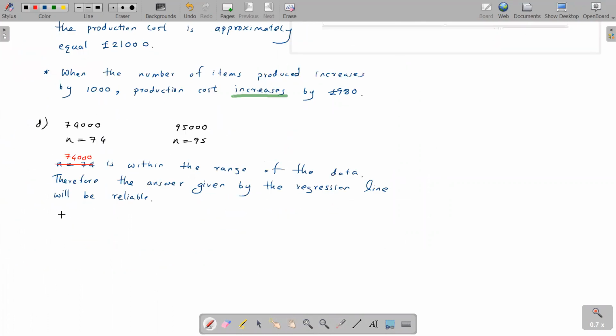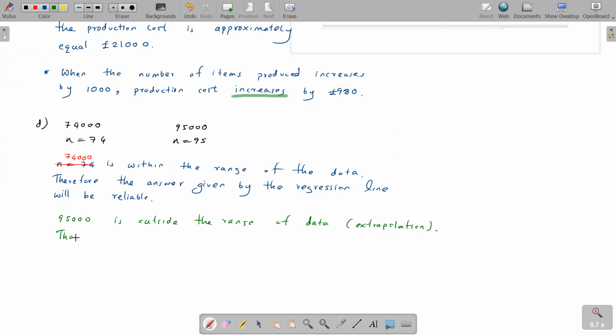So 95,000 is outside the range of data, which is extrapolation. When you are inside the range, you call it interpolation.